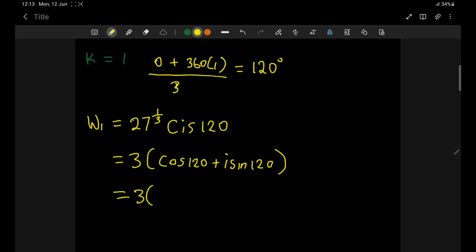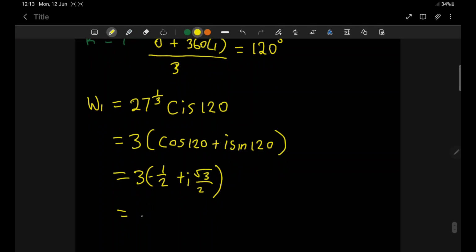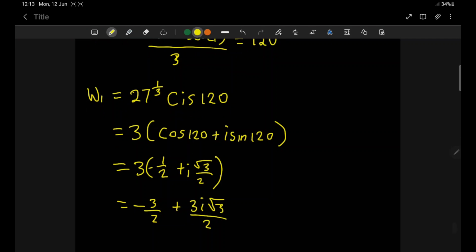Cos 120 is negative 1 over 2, plus sine 120 is square root of 3 over 2, and this is i. Simplifying further, we multiply 3 throughout, and have negative 3 over 2 plus 3i square root of 3 over 2. It's in standard form, it's complete.